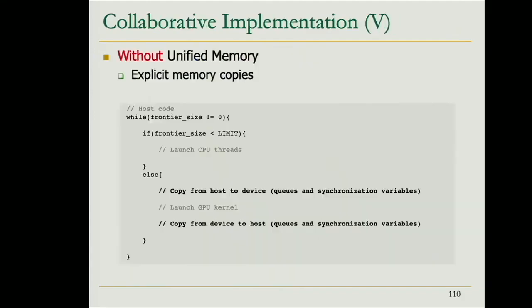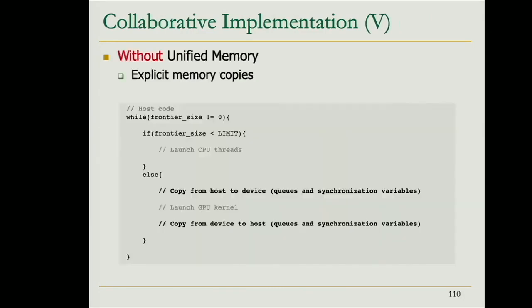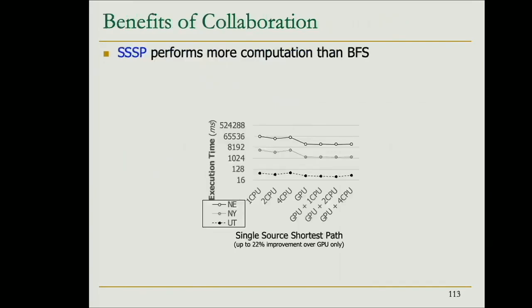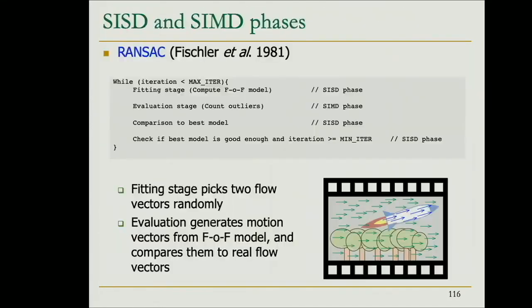You have more performance here, with some results for the integrated platform. In this case, graph processing, breadth first search for this graph of New York roads, is a 15% performance improvement. Some sample code is a related thing, single source shortest path on the AMD Kaveri, with a 22% performance improvement.